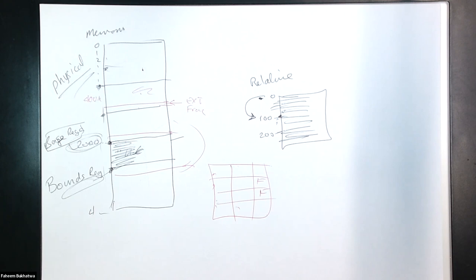It moves the fragments to the other end. Yes, it moves all the used blocks or partitions to one end and all the unused partitions to the other end. Now they are neighbors, it goes and joins them together. So that's how it works.